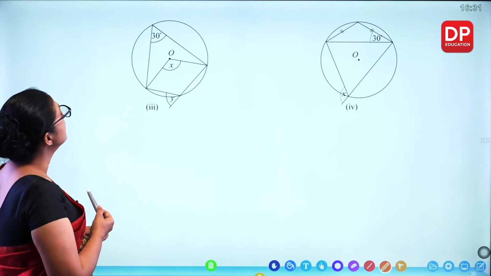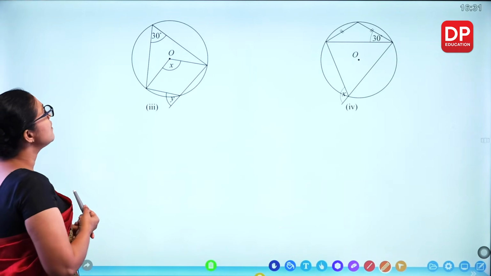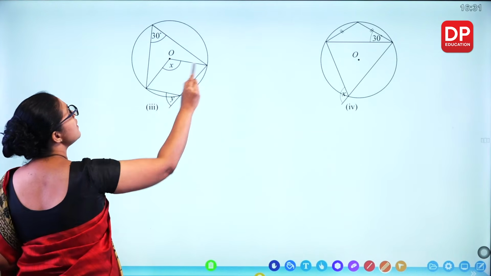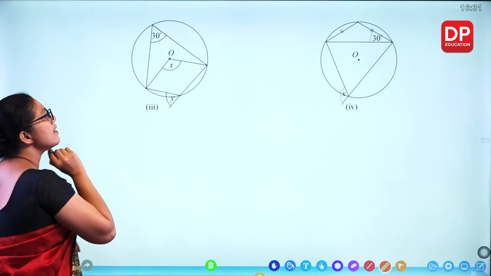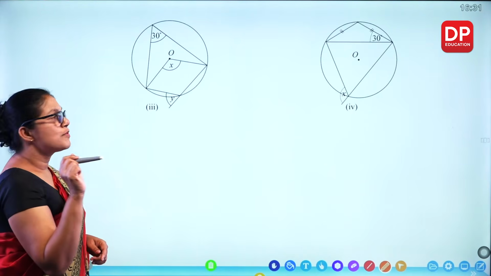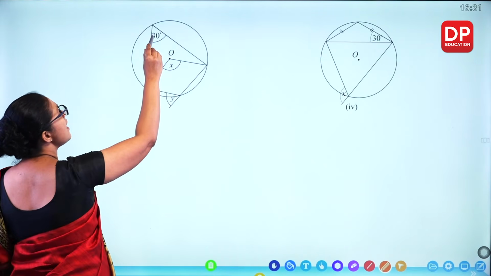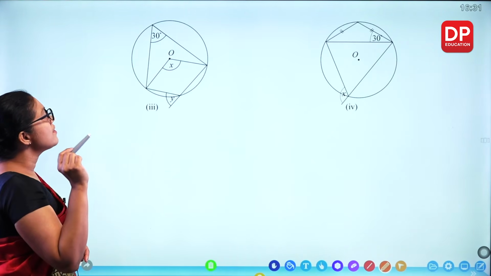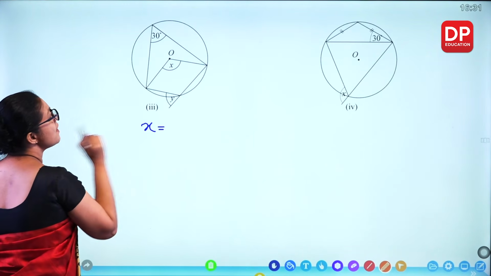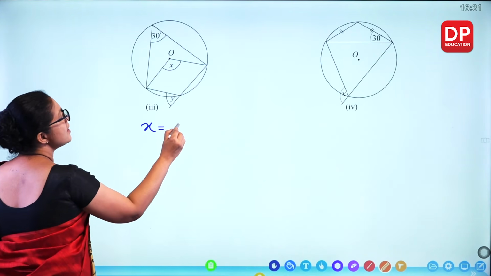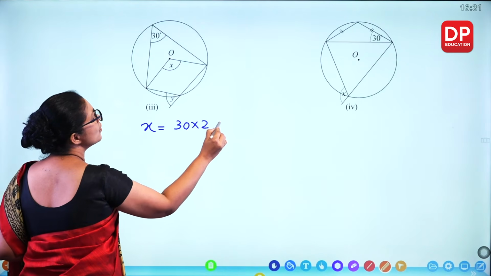Next part. What's x? Look at carefully. To this chord, this is the angle subtended at the center. Here, angle subtended on the circumference. So what is x? Straight away we can write down 30 times 2.